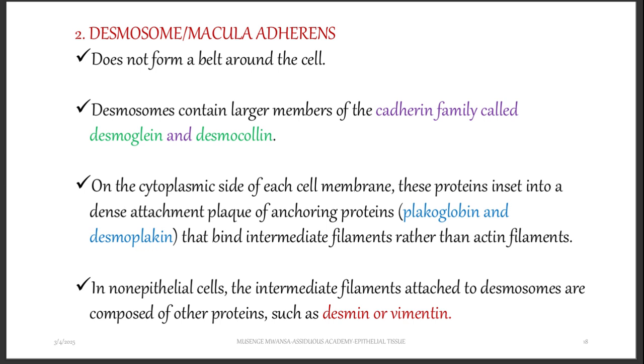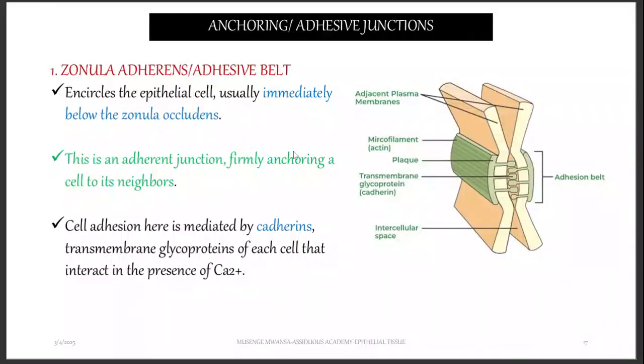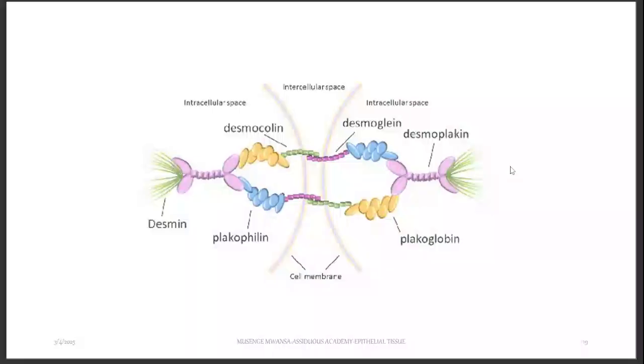And these are actually going to be inserting themselves on the cytoplasm side of each cell. What do we mean by cytoplasm side? Look at the way this is. This is a desmosome. When you look at the desmosome, coming in from the beginning, the cytoplasm part, you have the desmin.